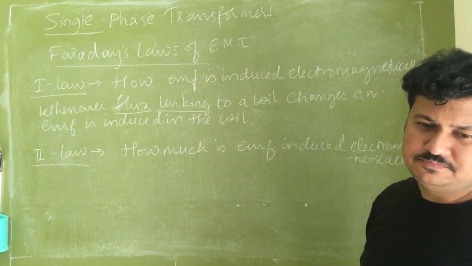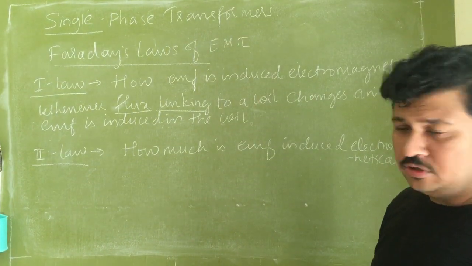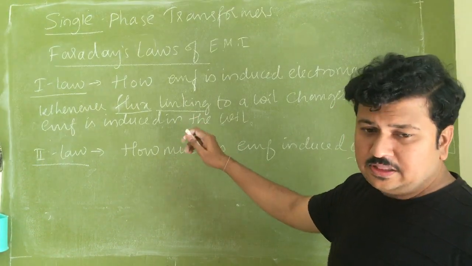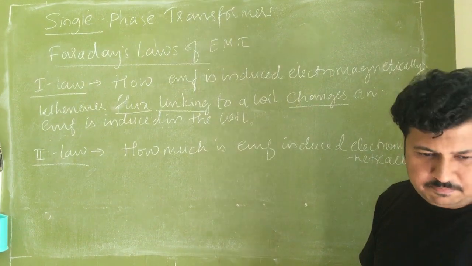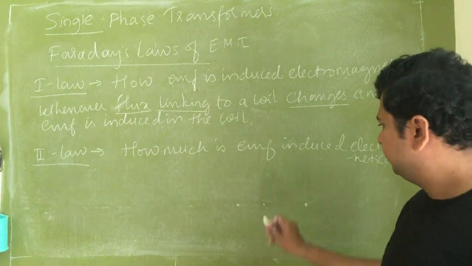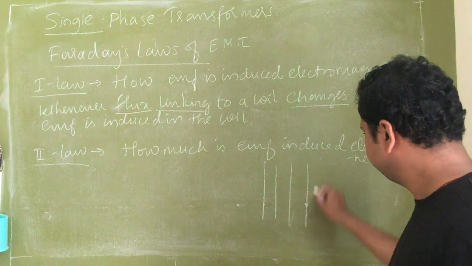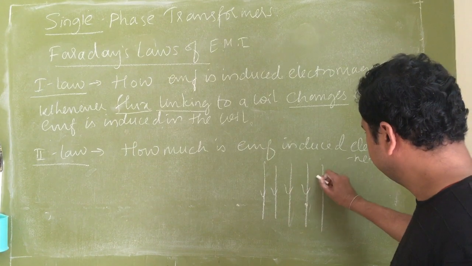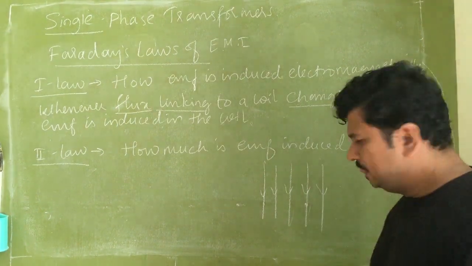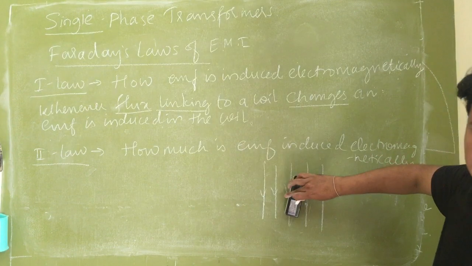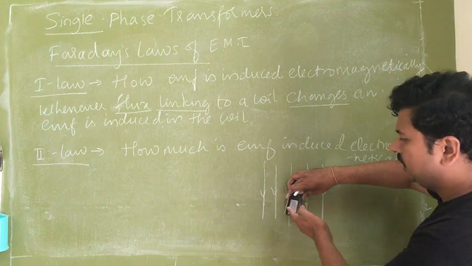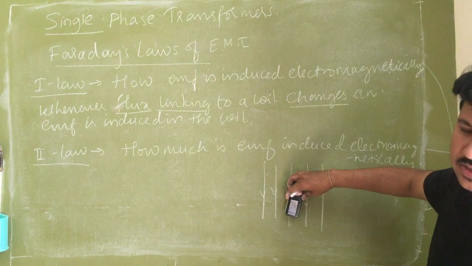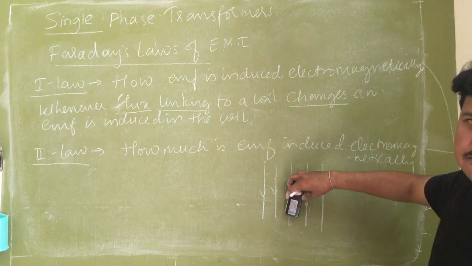There should be flux, that flux should be linking to the coil, and that flux must be changing. If I place a coil in the magnetic field, suppose this is my coil, and I don't vary the position of either the magnetic field or the coil, the EMF is not induced in the coil.